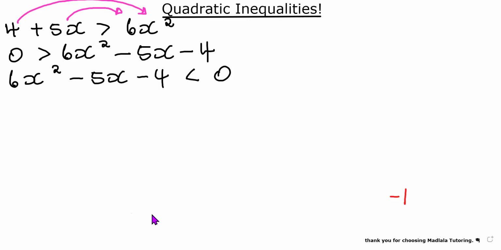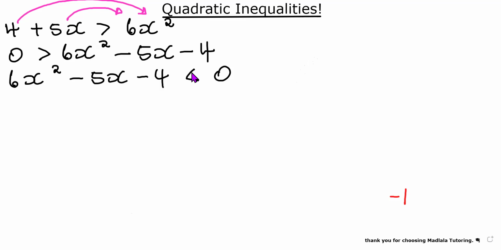Do you see that? If the age of Madlala is greater than the age of Einstein, then it means Einstein is less than Madlala. Do you get it? Yes, it's the same logic.